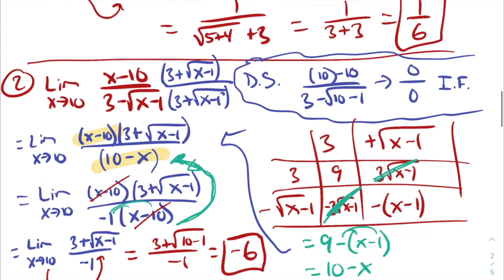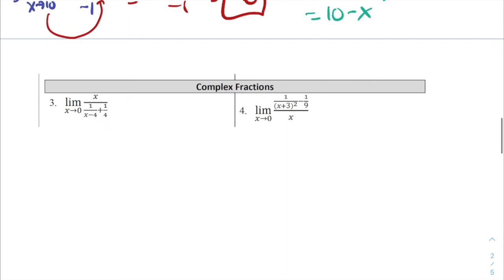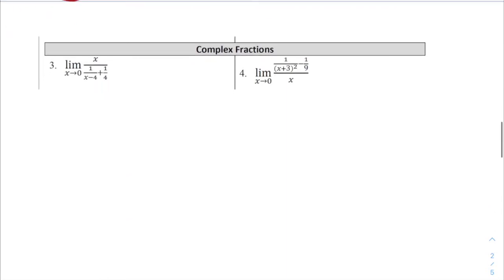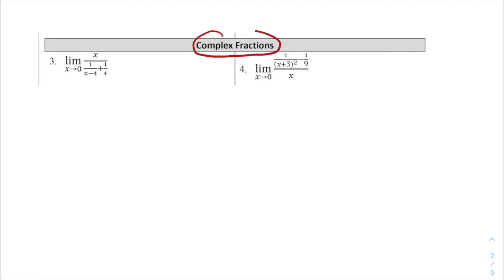All right, let's continue on to number 3 and number 4. While those previous problems focused on square roots, we're going to talk next about algebraic techniques to deal with complex fractions. So how do we do these limits in these special problems where we've got fractions with fractions in them, aka complex fractions?